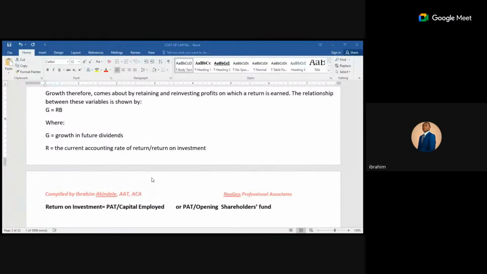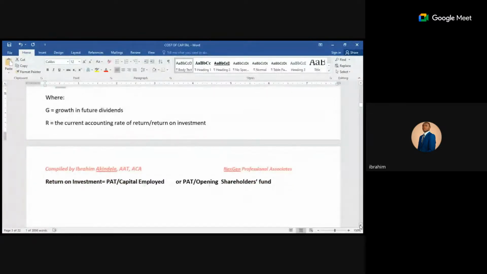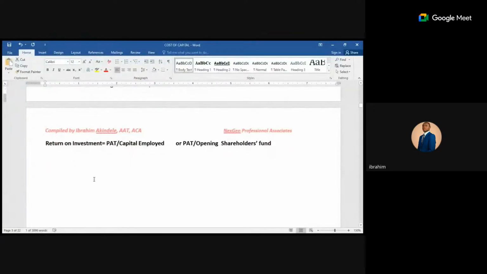Class, the question now is, what is this opening shareholders fund? You and I can agree that, let's say, from your equity, you have profits.